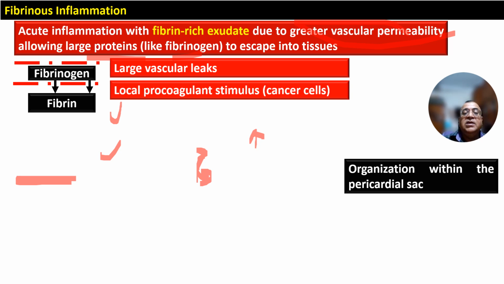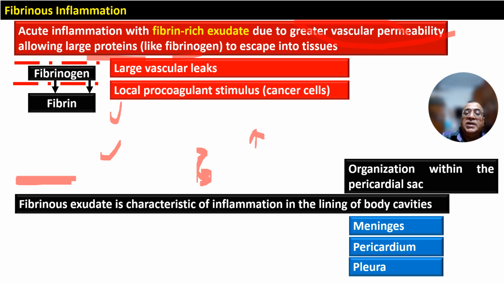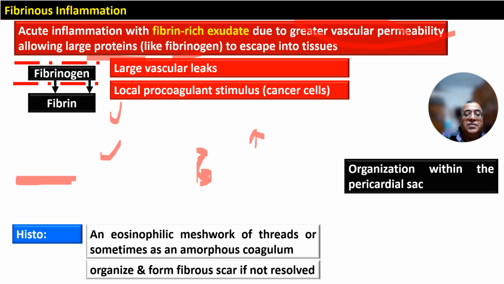This fibrinous type of inflammation is more commonly present in body cavities and in severe injuries. In body cavities, the meninges, pericardium and pleura are the common sites for fibrinous inflammation.